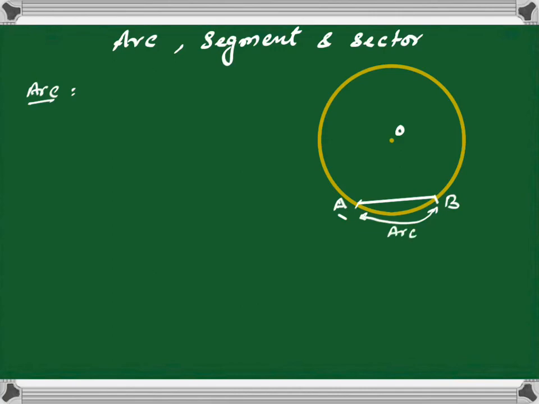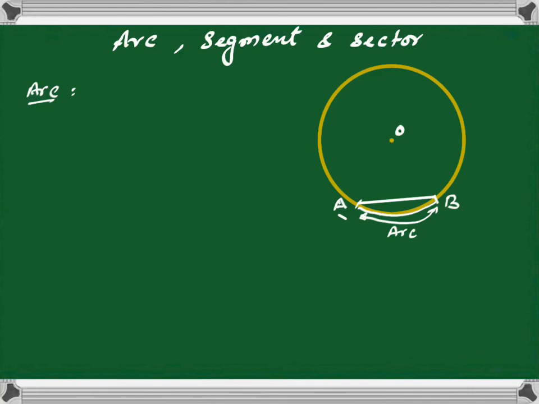That's why the definition says a part of the circumference of the circle is called the arc. This is the circumference, the complete circle, and this part of the circumference is called the arc.